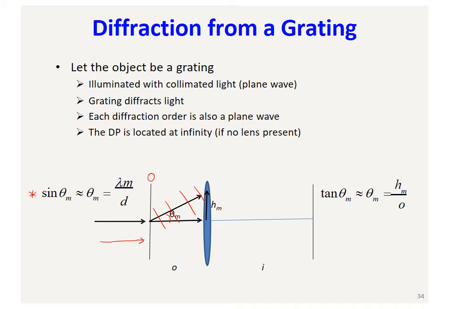Of course, the effect of the lens is to take those plane waves and focus them. And because we're interested in the height on the lens or the aperture where this ray hits, we'll define it as h_m, and that will be related to the angle of diffraction and the distance of the object to the lens.